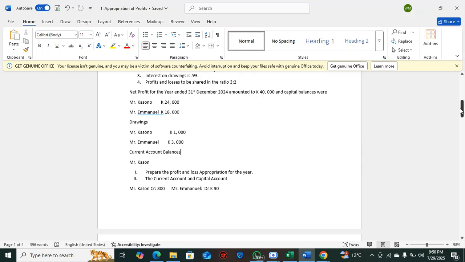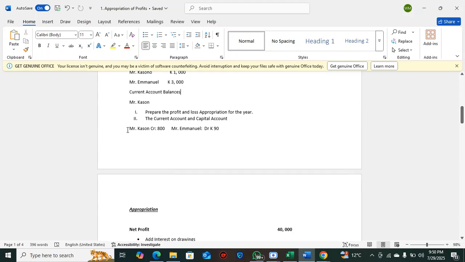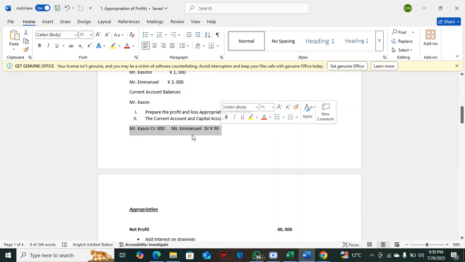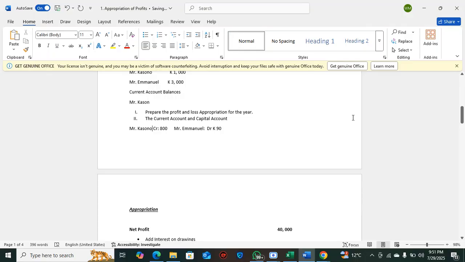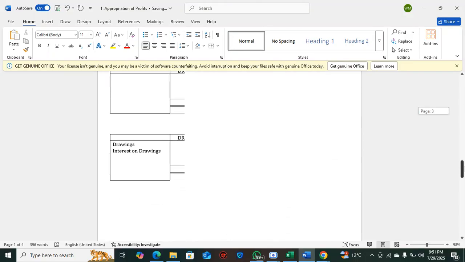Okay, so for the current accounts, first you start with the balances here. So we start with Mr. Kasono's current account.